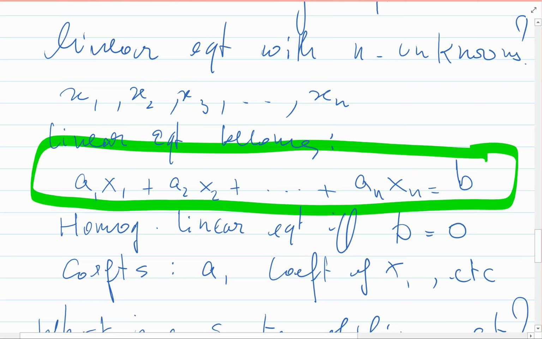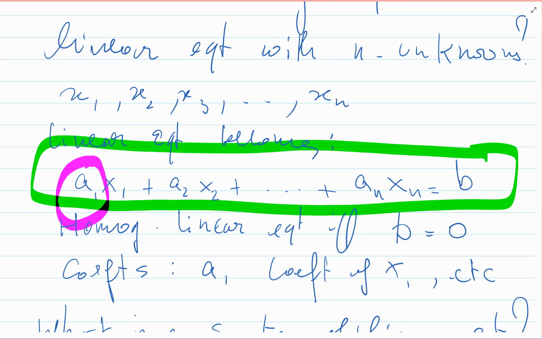What did I say about A1? Of course, the same argument works for A2, A3, and An. A1 is the coefficient of x1, the number you have in front of x1 in this equation. And A2 is the number that you have in front of x2 in that equation, and so on.